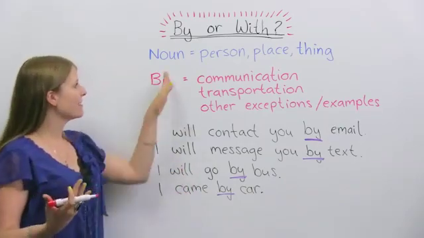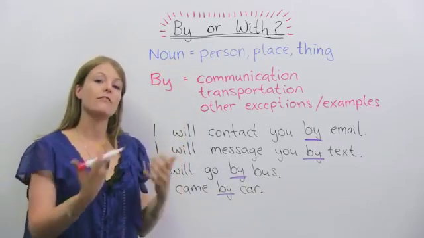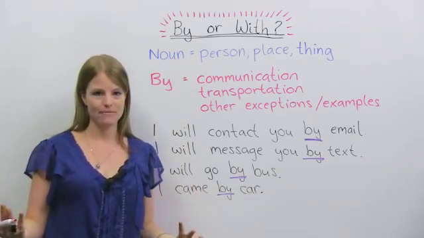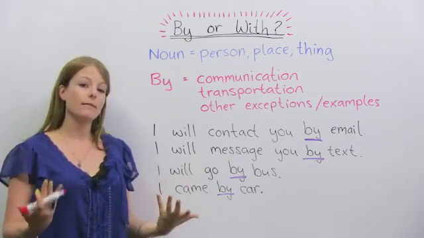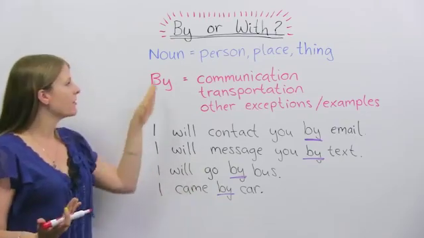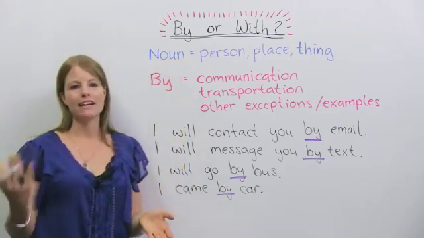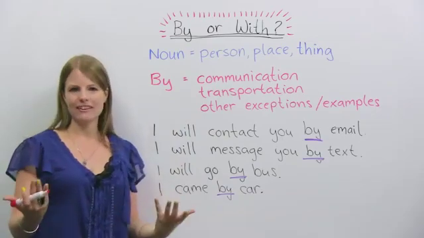Okay, so now let's look at when we're talking about a noun. We've just talked about using by with a verb ending in ing to answer how to do something. Well, we can also talk about how by using a noun. So to remind you what a noun is, it's usually a person, a place, a thing, or maybe an idea. So let's look at some examples.